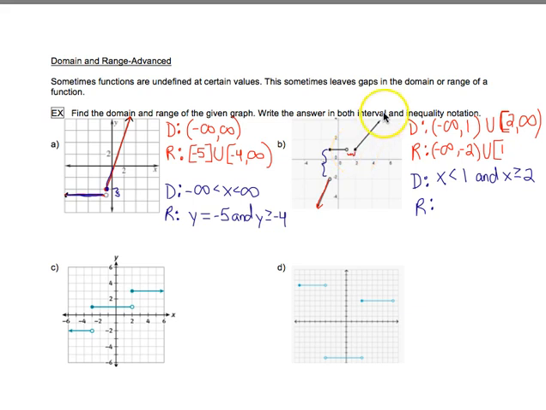And then it goes on forever. So from 1 up to and including infinity. So then when we write that in inequality notation, that means that y is less than -2, and y can also be greater than or equal to 1.